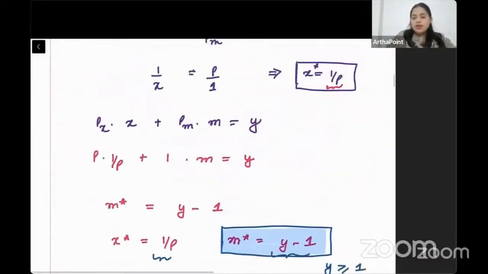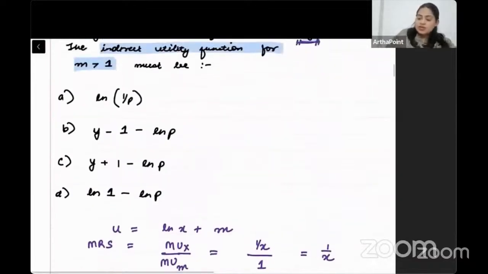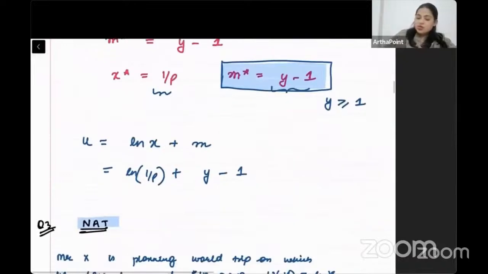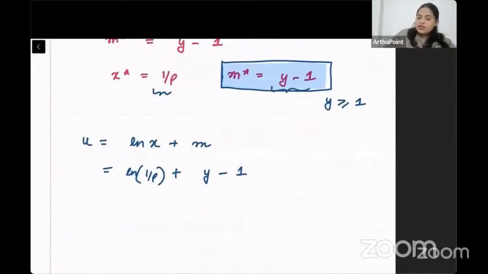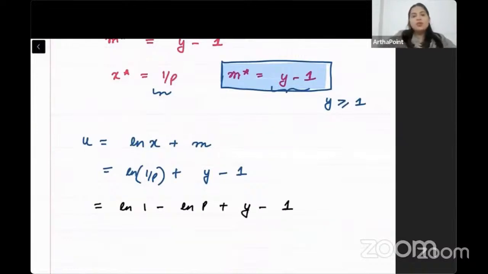So this is what my utility function will be. Now if this is not given anywhere, the other thing that you can do is also try to open this up. So you will get this as ln 1 minus ln P plus Y minus 1. ऐसे open भी कर सकते हो. You can try to open this up also.